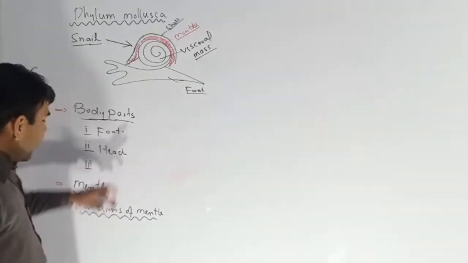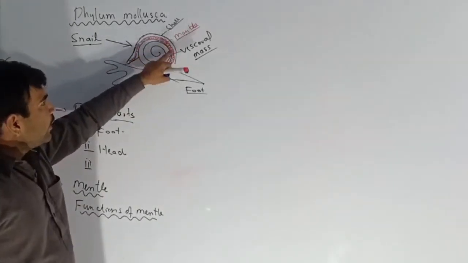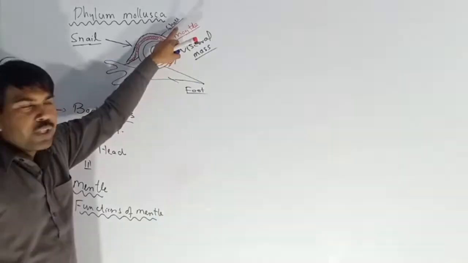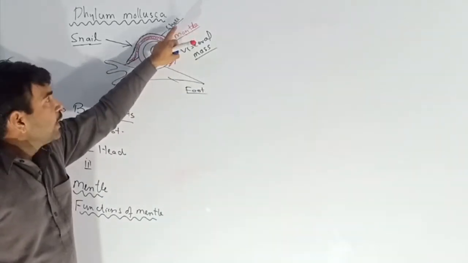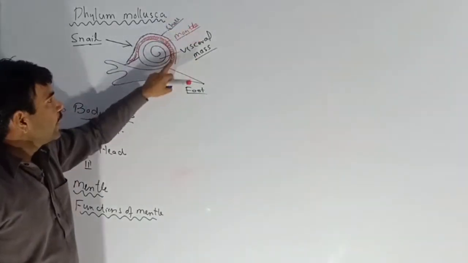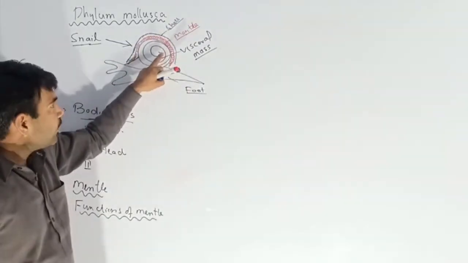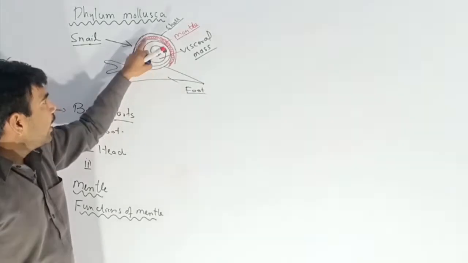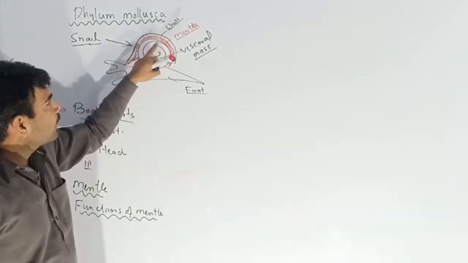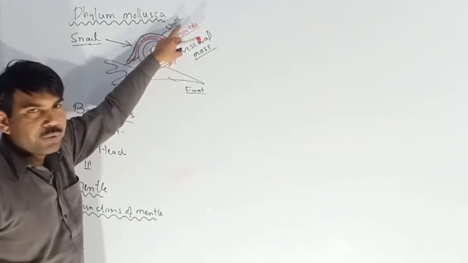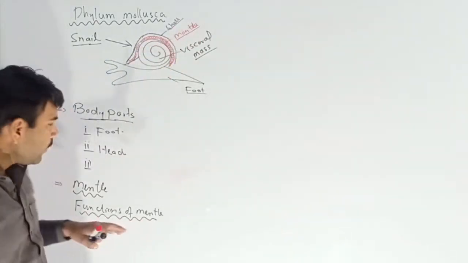And this mantle is involved in the secretion of this shell. So this shell is secreted by this covering, which I have made reddish in color, and this reddish portion is known as the mantle, which is involved in the formation of the shell.